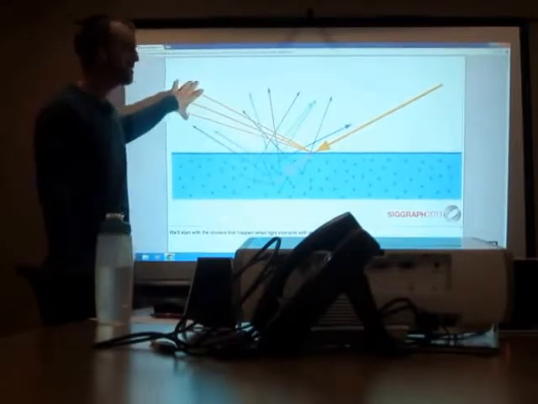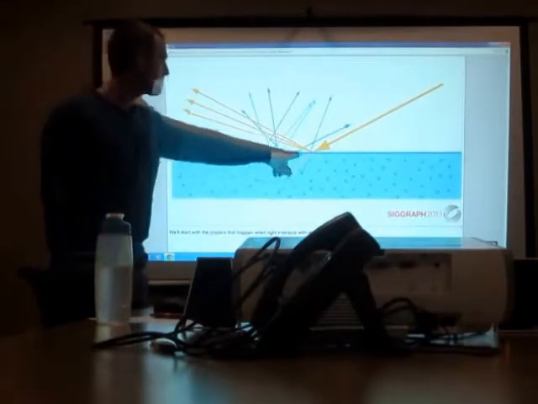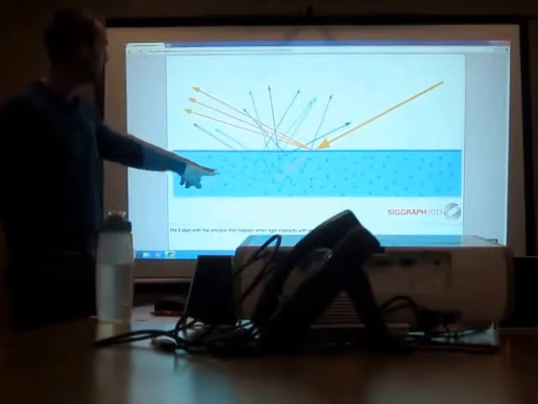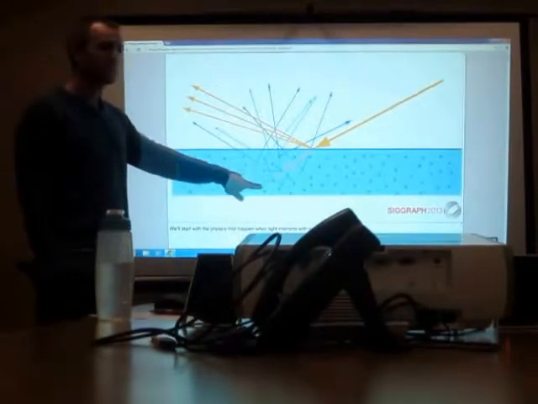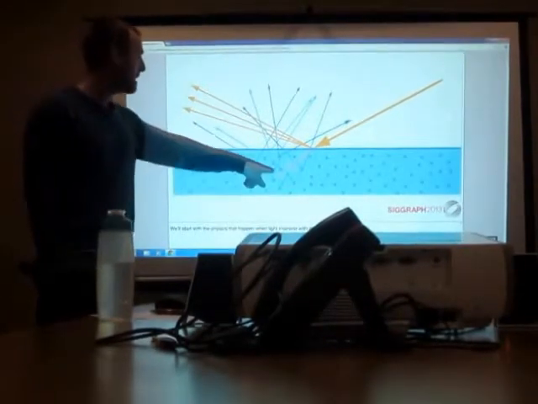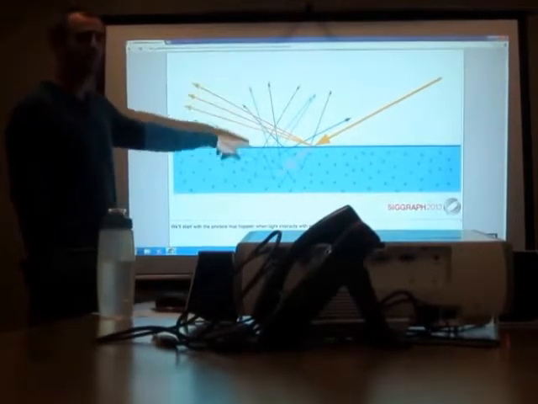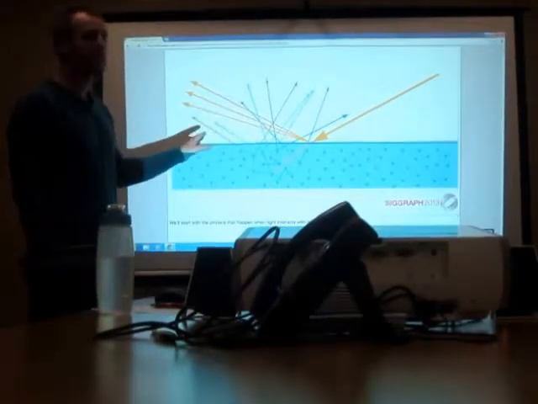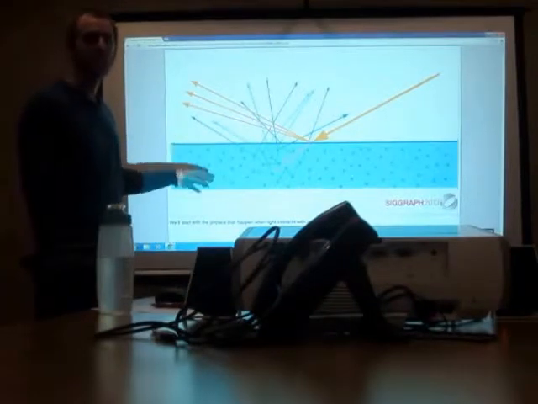That part is the part we call specular. And then another portion of it, the remainder of those light rays, goes into the surface, bounces around all of these particles inside this matter, and re-emerges, scattering in practically random directions, and that portion we call diffuse.